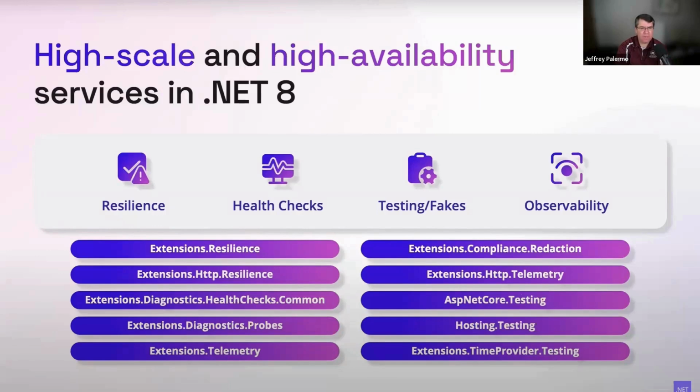There are some libraries in NuGet. If you've never looked them up, I'll just highlight, for example, Extensions.Diagnostics.HealthChecks.Common. It's on the left side, and that adds an abstraction for various health checks. It adds an interface to your services collection, to the built-in IoC container. And then you can have any class that implements the interface, the IHealthCheck essentially, and you can run a few lines of code that check on something.